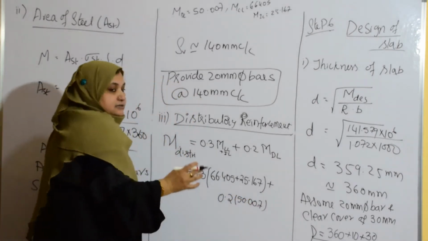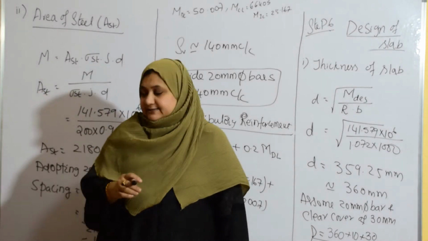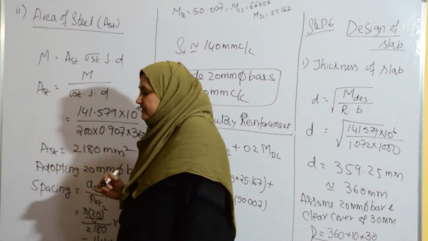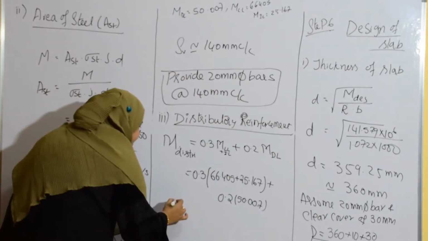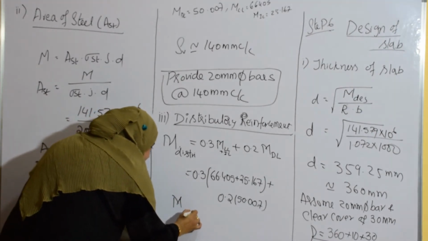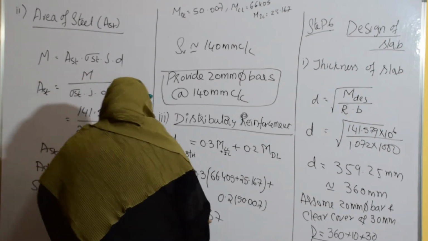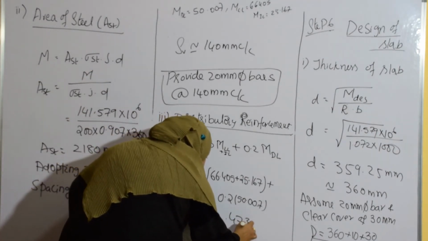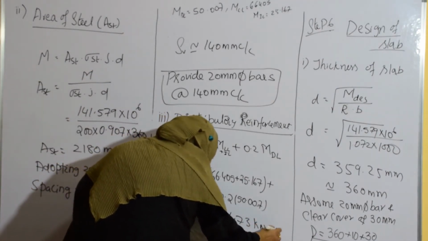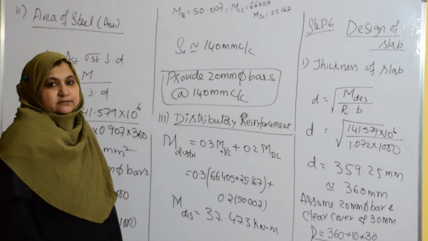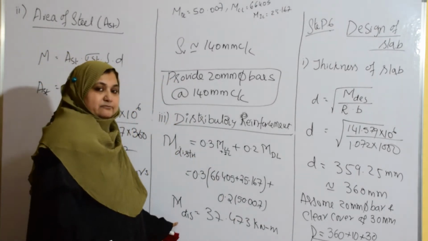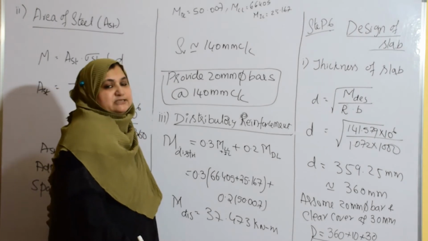So we get some amount of bending moment to resist the flexure, that is equal to 37.473 kilonewton meter. So we have to design the steel to resist this bending moment.